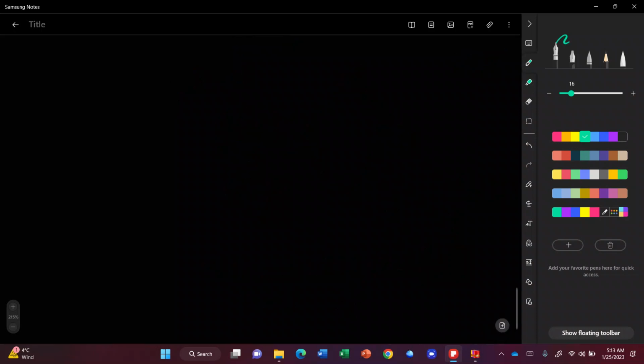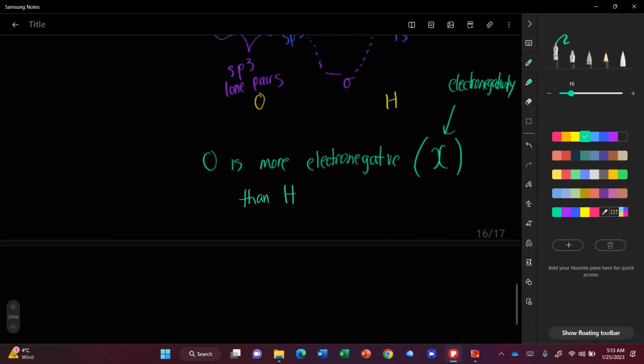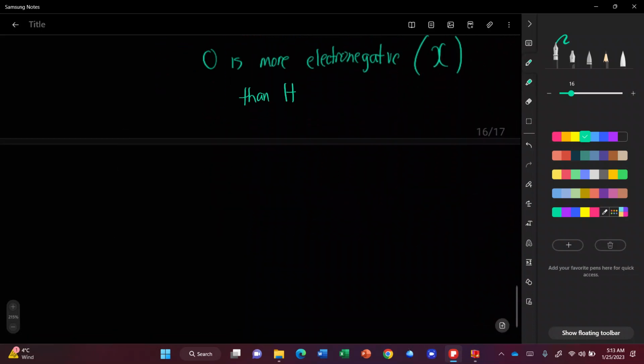And what that means, from an energetic perspective, is that oxygen wants, so one way to think about electronegativity is the fact that oxygen is more electronegative than hydrogen.